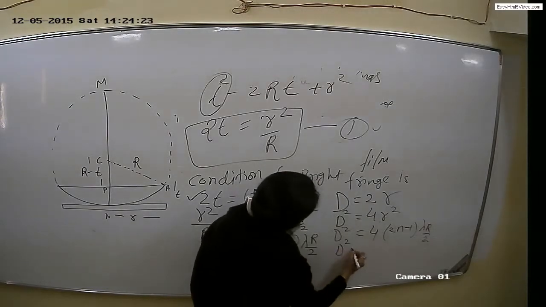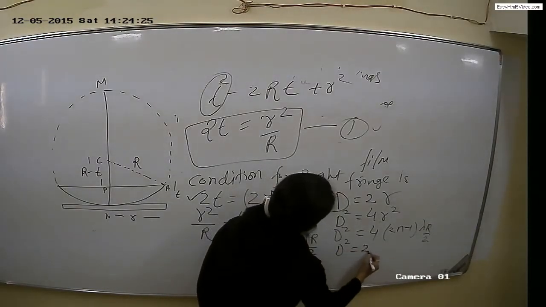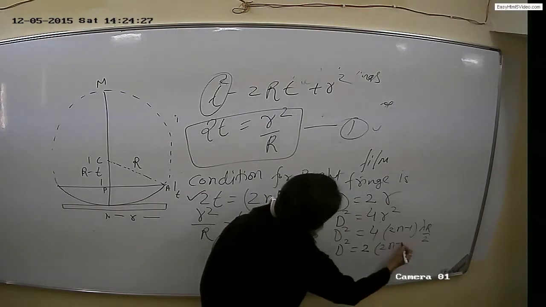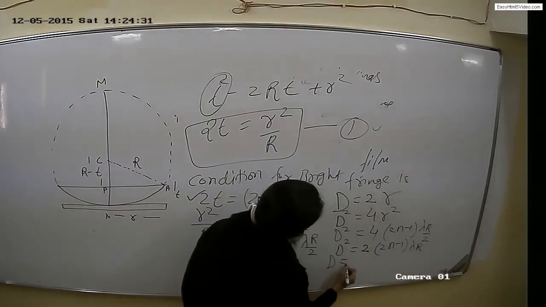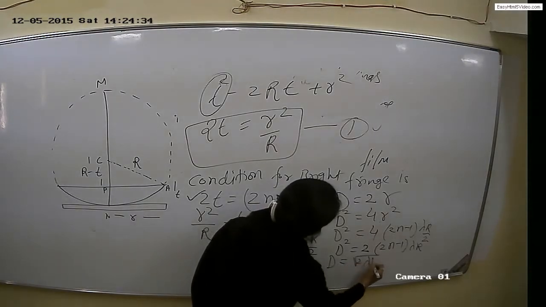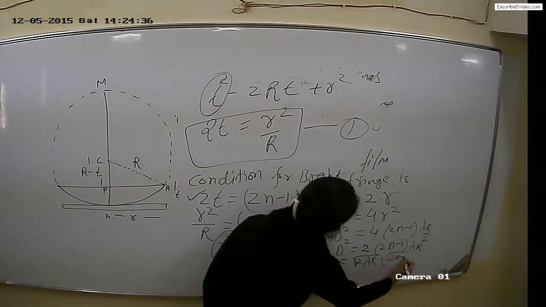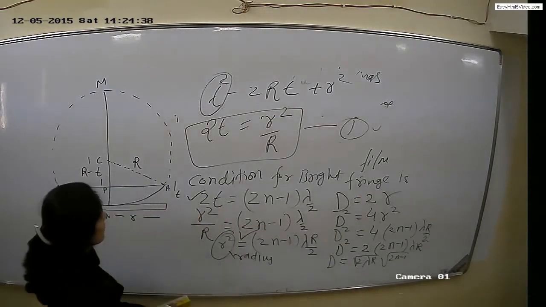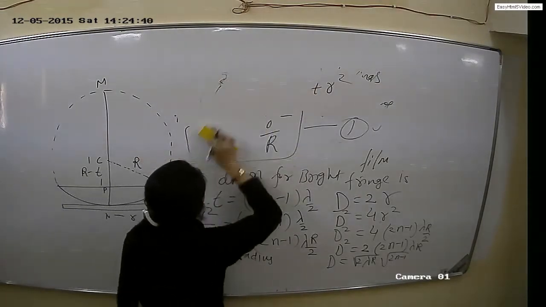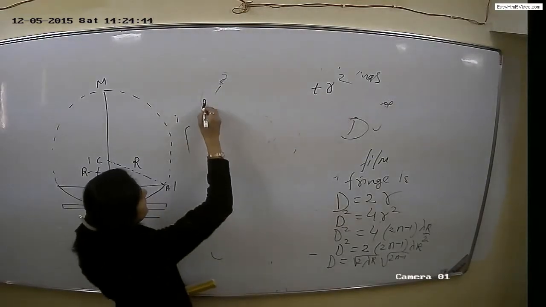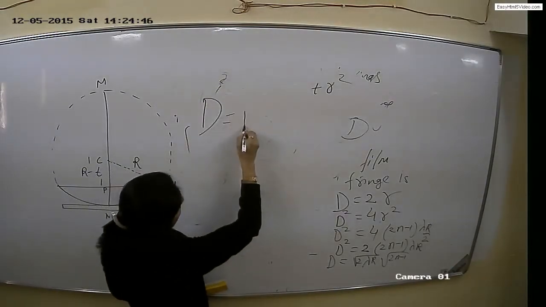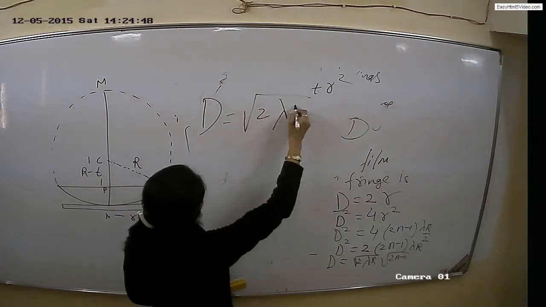Therefore we will get D square is equal to 2 into (2n minus 1) lambda R. Therefore, D is equal to under root 2 lambda R under root (2n minus 1).